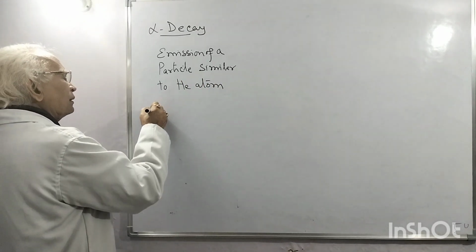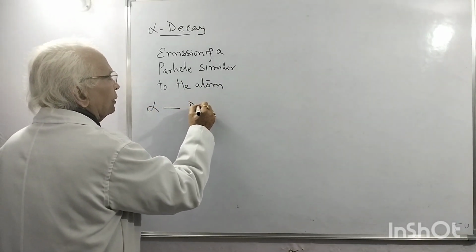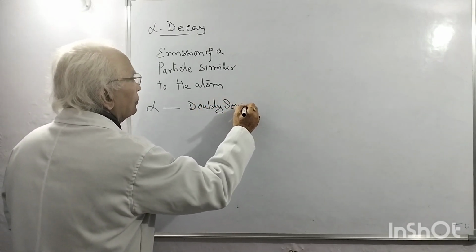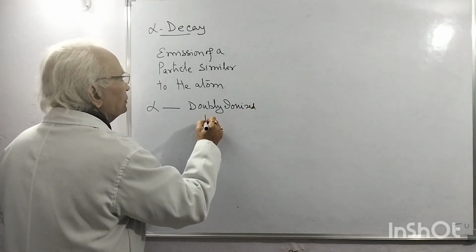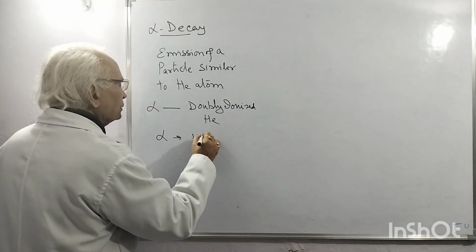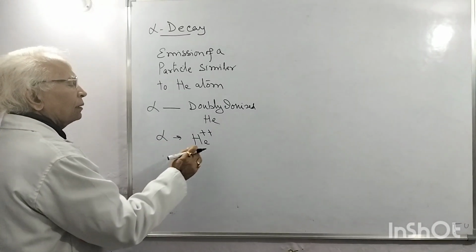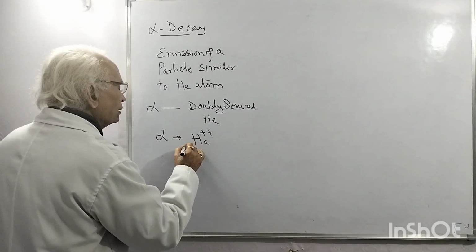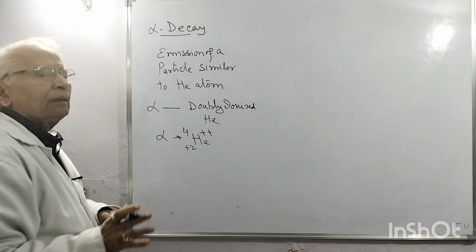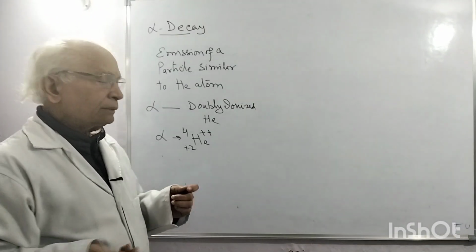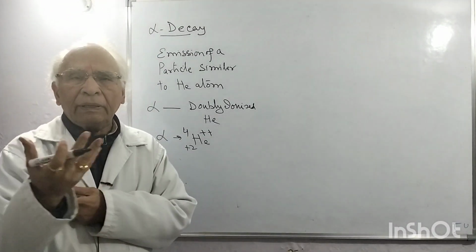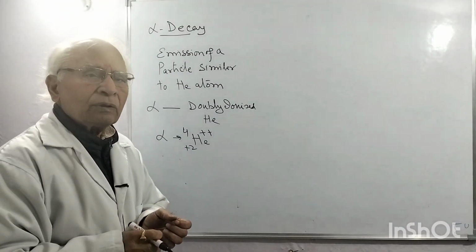In fact, an alpha particle is doubly ionized helium. We write alpha particle and here helium, the same thing, because it has 2 units of positive charge and mass 4. So the alpha particle is helium from which 2 atomic electrons are removed. The rest remaining is the charged helium particle.